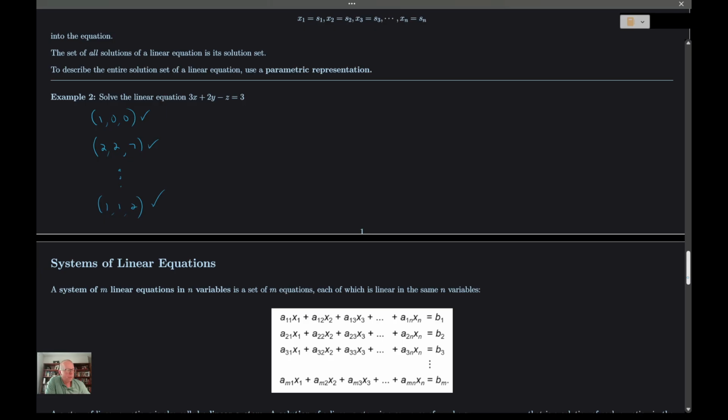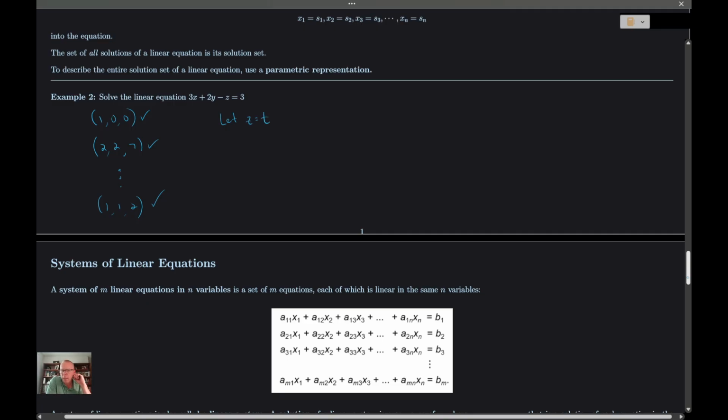So how can we do this? Let's let z equal t, and this is the parametric representation. Z equals t, and let's let y equal s. And then we can substitute and then just solve for x.